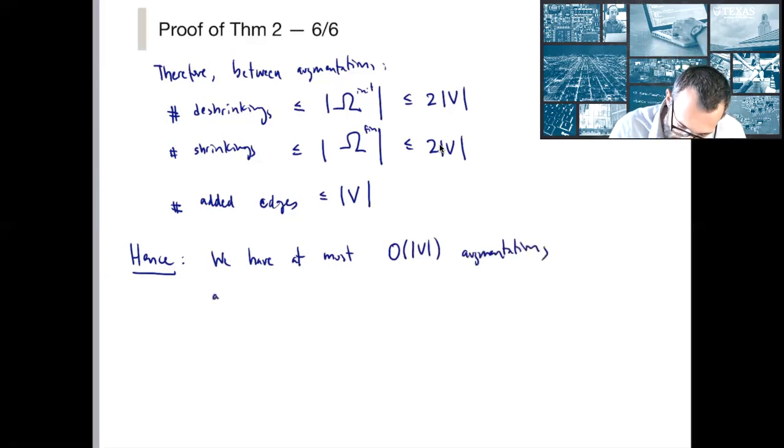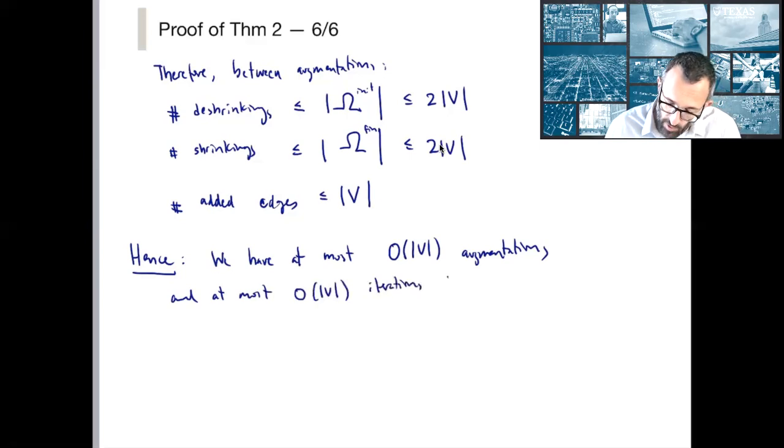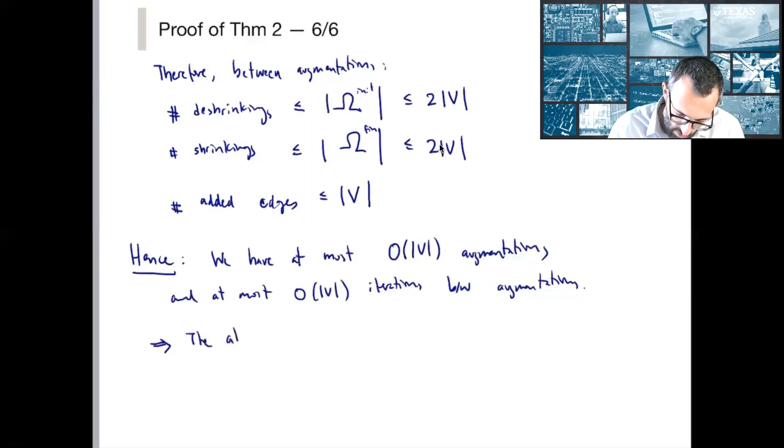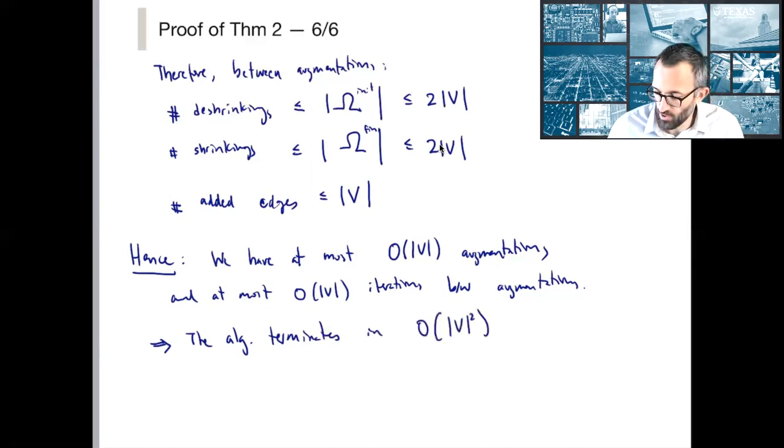And we have at most order V iterations of our algorithm between augmentations. And this concludes the proof of theorem 2. The algorithm, therefore, terminates in at most order V squared iterations.